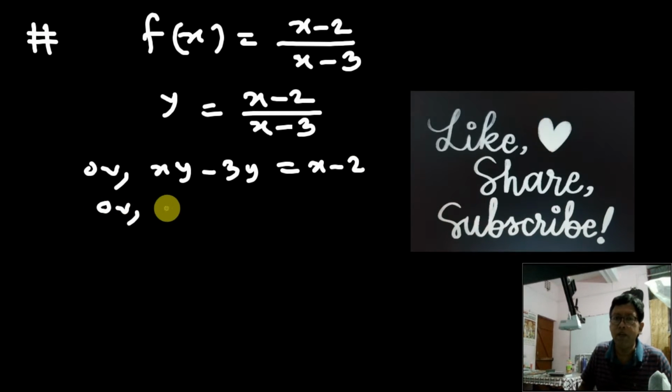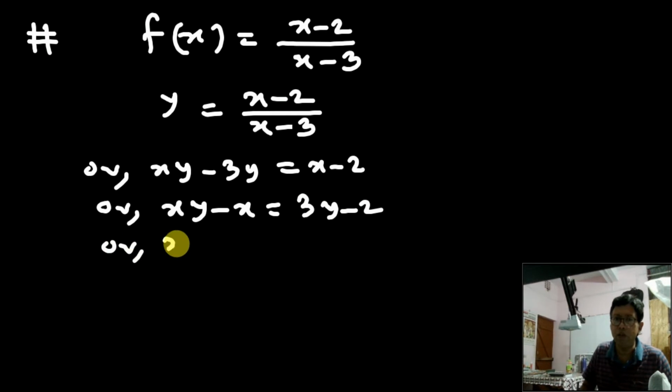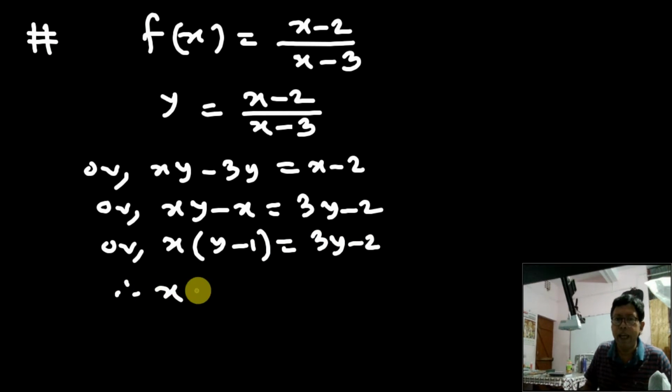You find the value of x, that means you have to express x in terms of y. So xy minus x is equal to 3y minus 2. Take x common: x times y minus 1 equals 3y minus 2. So x is equal to 3y minus 2 divided by y minus 1.